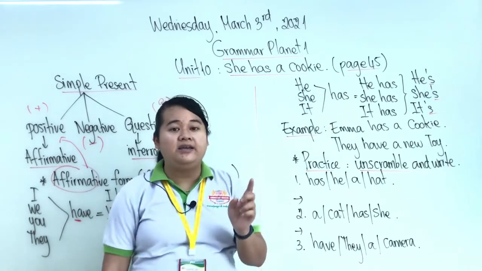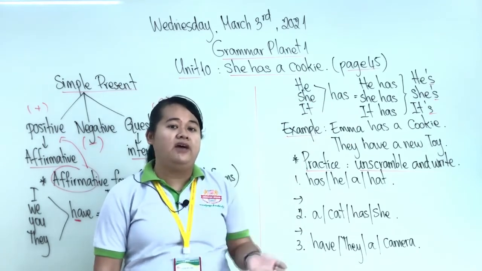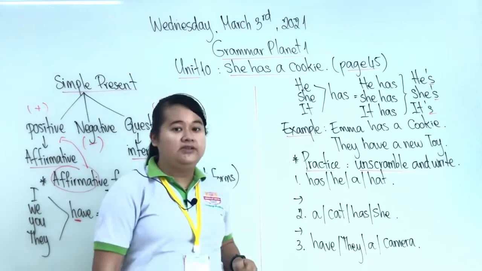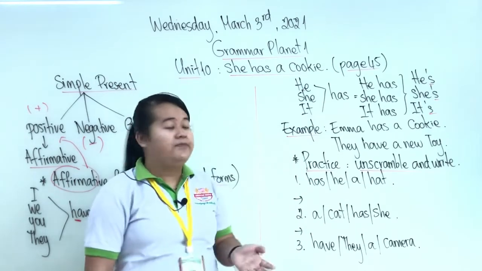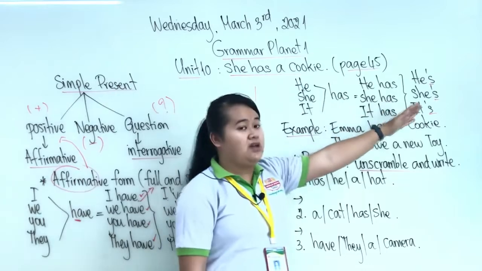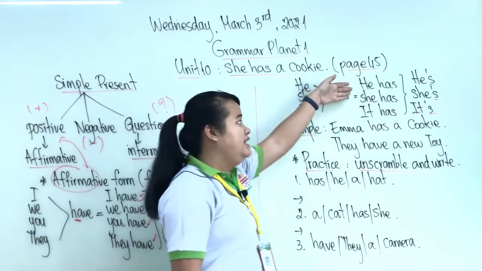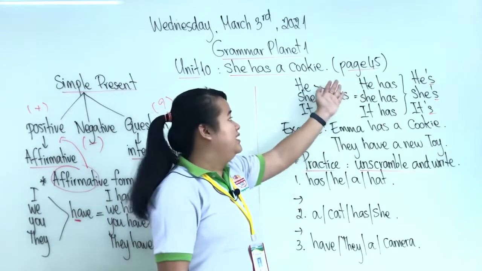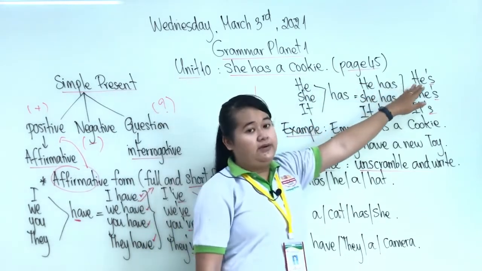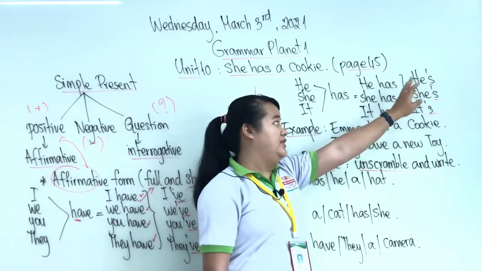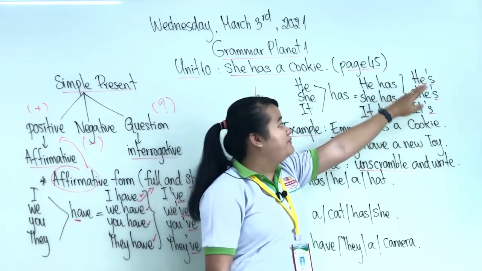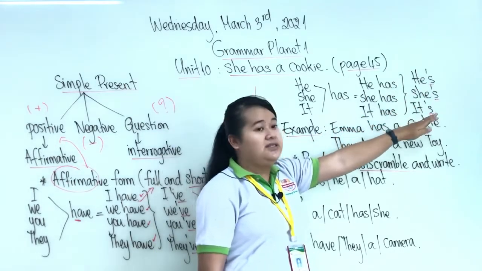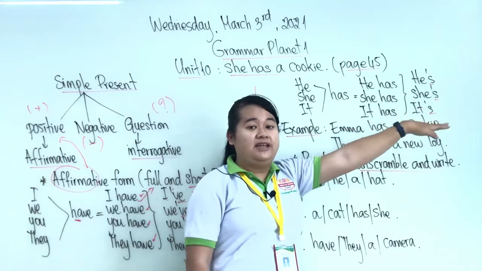But if I, we, you, they, we need to use have. We can write in two forms also, full form and short form. You can see here: he has, she has, it has. And he has we can write in short form also: he, apostrophe, s, and she, apostrophe, s, and it, apostrophe, s also.